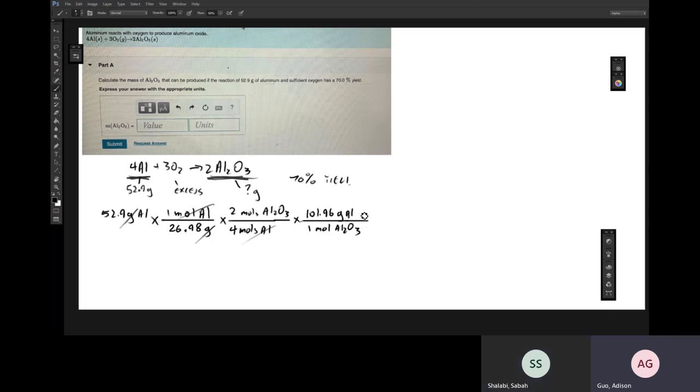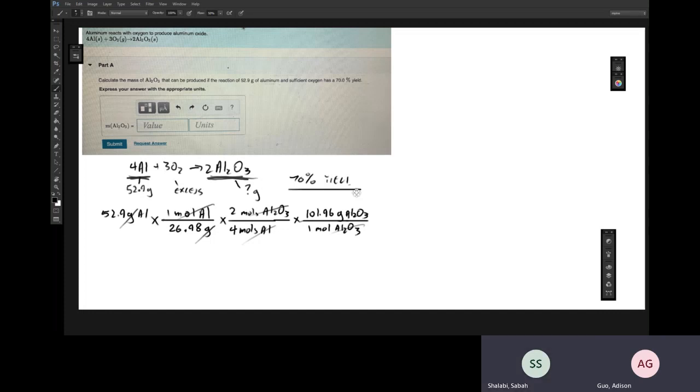Of aluminum oxide. So now that we've turned it into grams, we've basically solved the problem, but this has the extra thing of saying it has 70% yield.